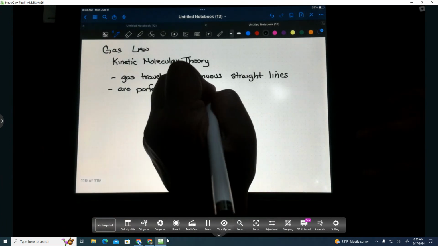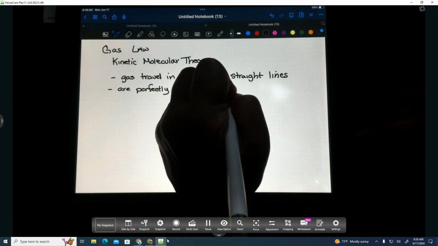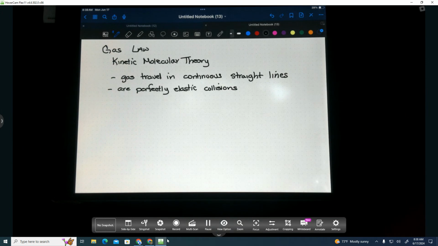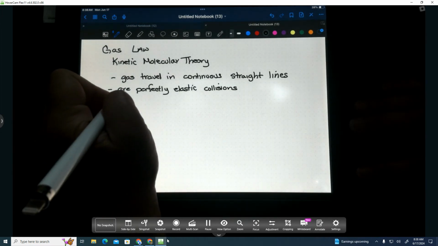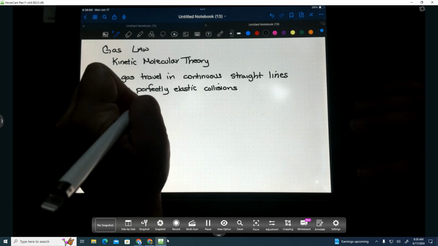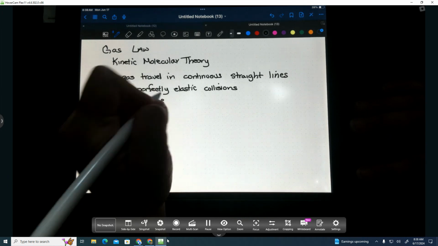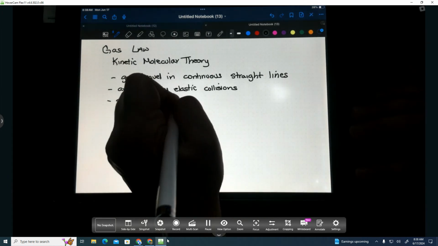You have choices now. Perfectly elastic collisions mean when they finally do hit something, they're not going to lose any energy. That doesn't happen either. They have small volume compared to the size.